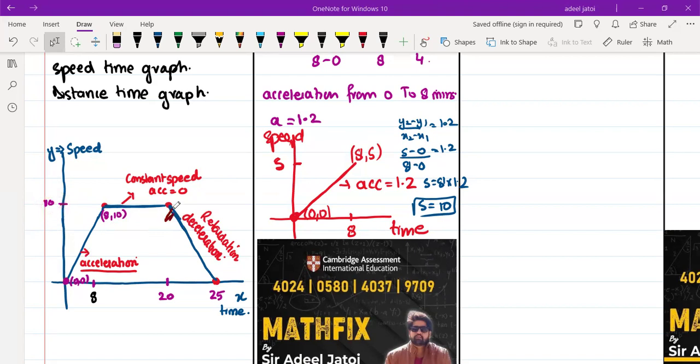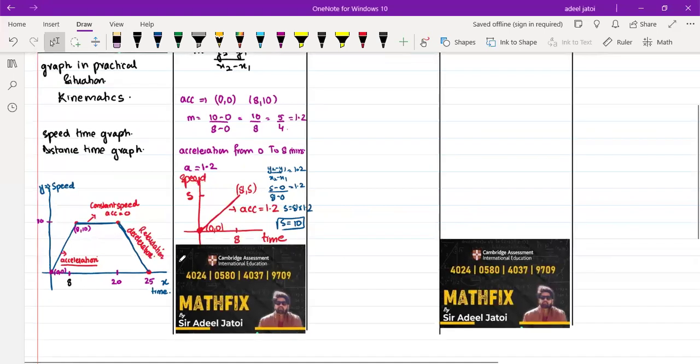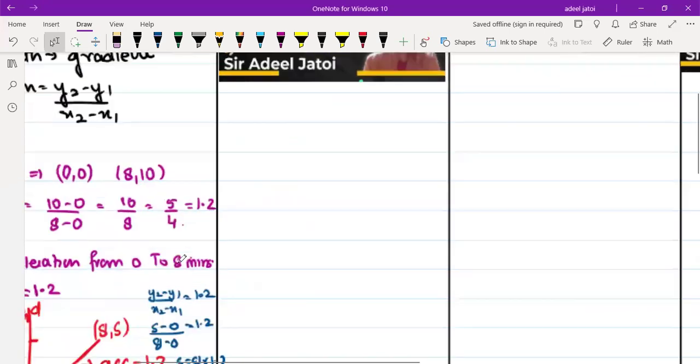Moving down, let's say at this point, you can see there is a deceleration, which is also known as retardation. Now, there are a few things that are very important here when we are working down for deceleration.